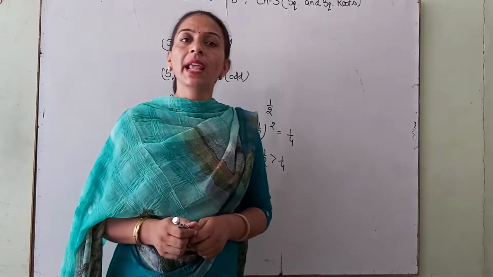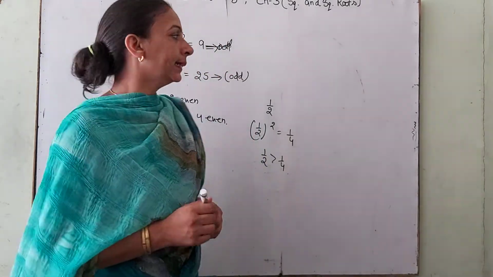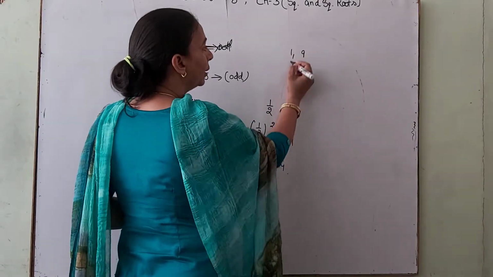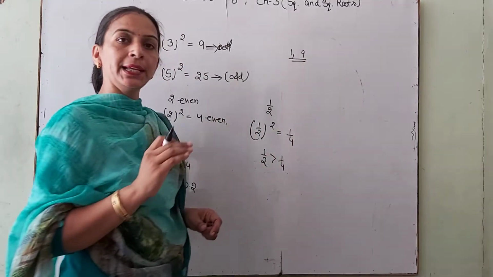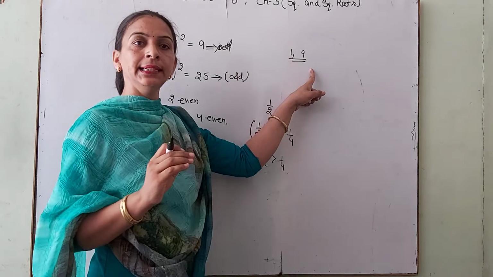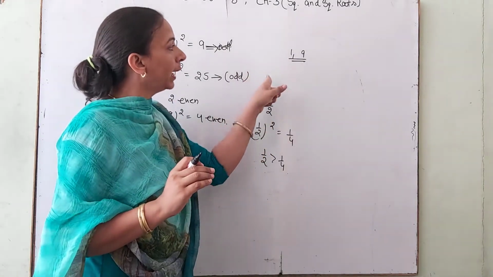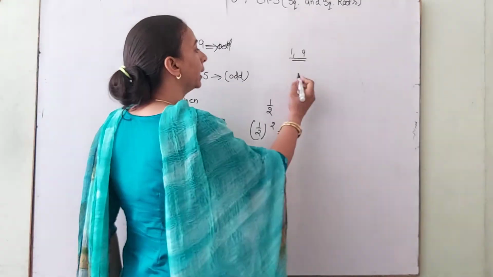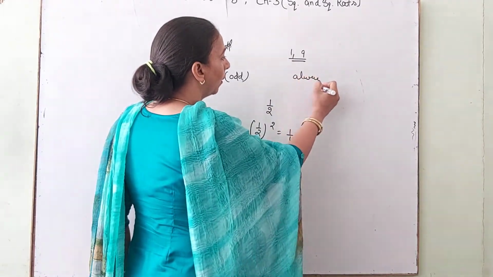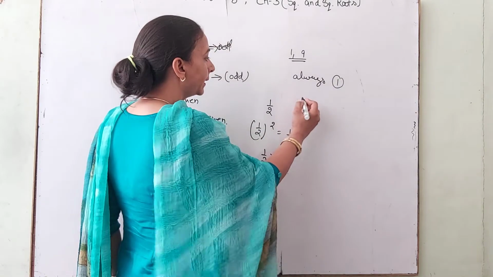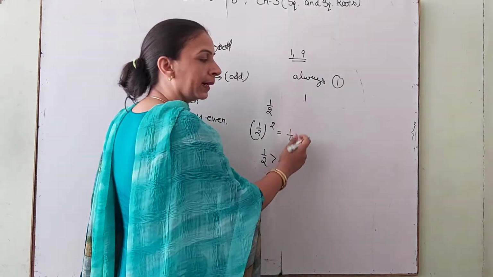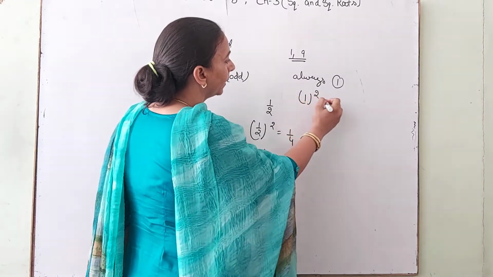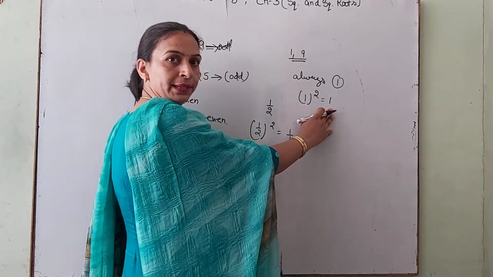Again, if the unit place of a number is 1 or 9, then the unit place of its square is always 1. For example, if we have the number 1, its square is 1, and the unit place is 1.